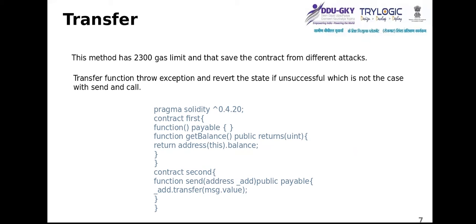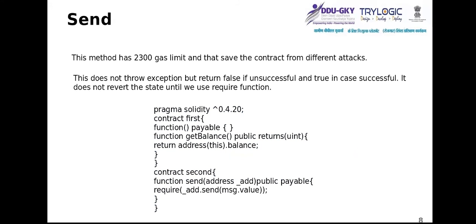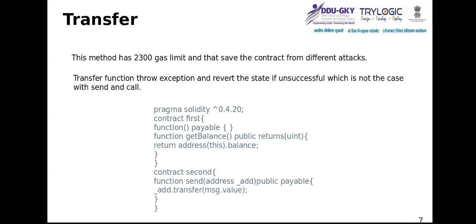The transfer function throws the exception. Meaning if the transaction is not successful, it will give us the error. But in the case of send, if the transaction is not successful, it will still not give the error. What we want is the actual thing: if the transaction fails, then we should get the exception.